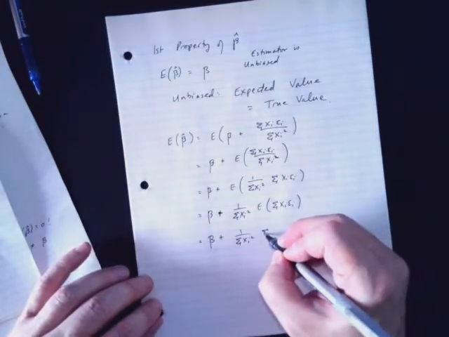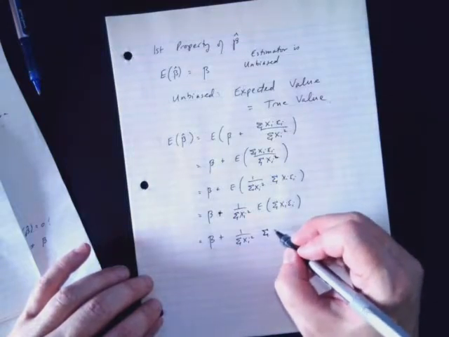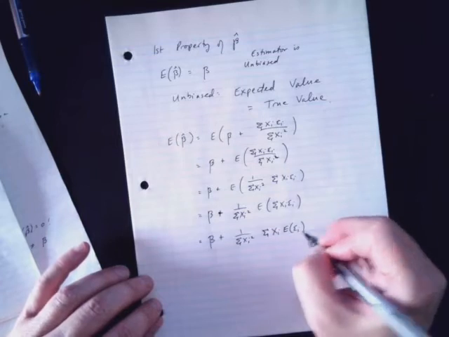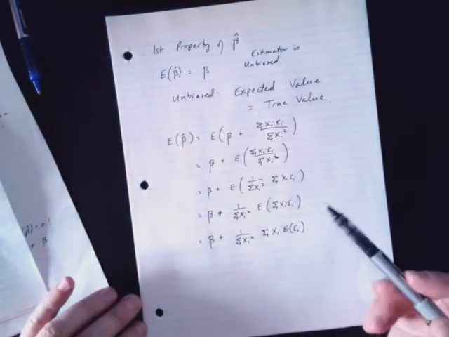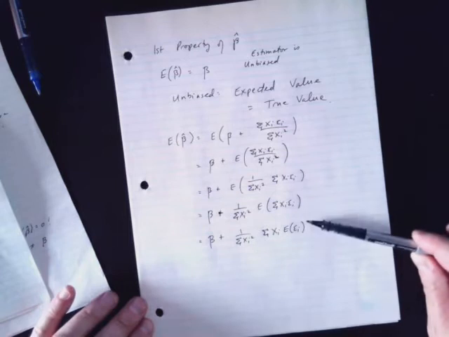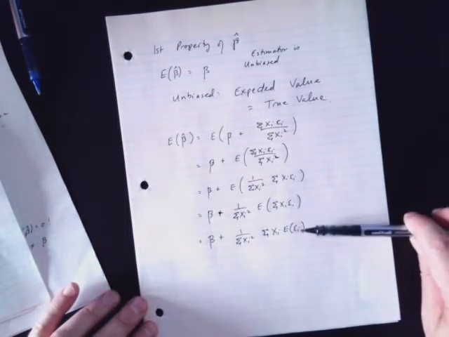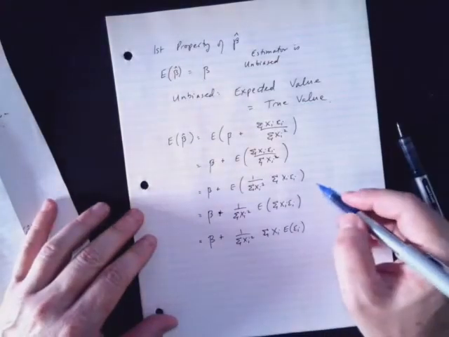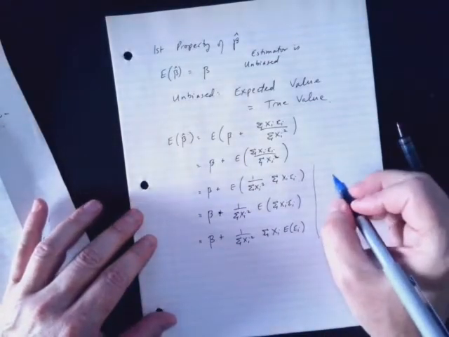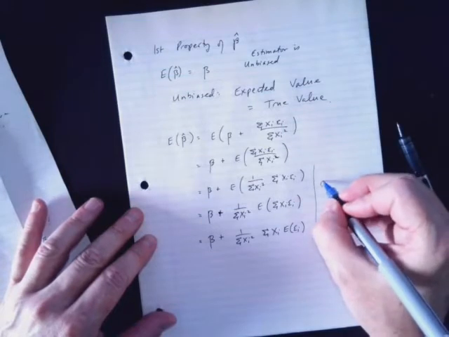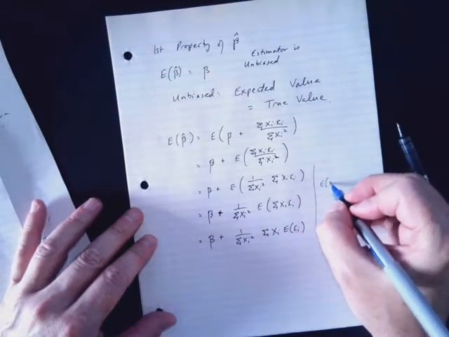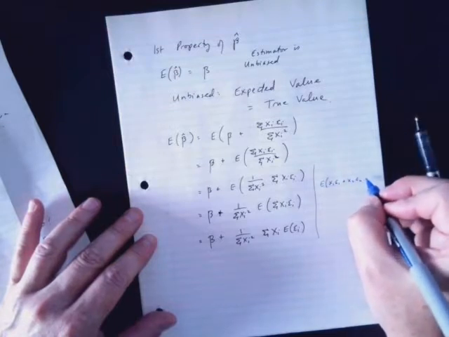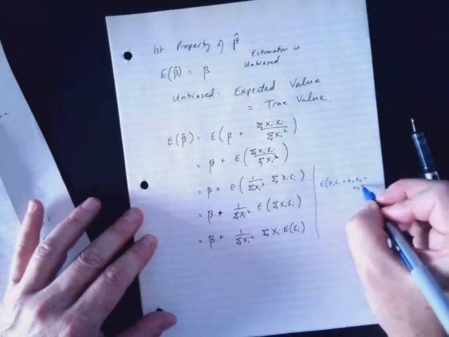So what that looks like is the sum of x times the expectation of epsilon. Now if that step has you stumped, I would suggest writing out a simple example like this: x1 epsilon 1 plus x2 epsilon 2 plus x3 epsilon 3.